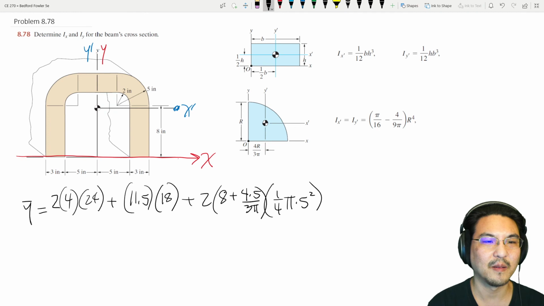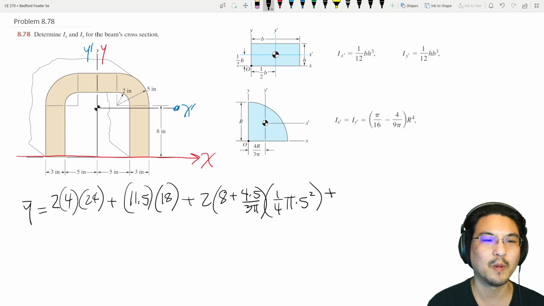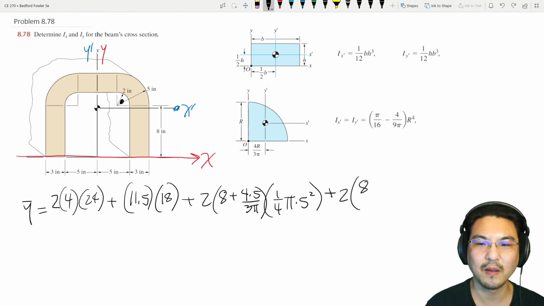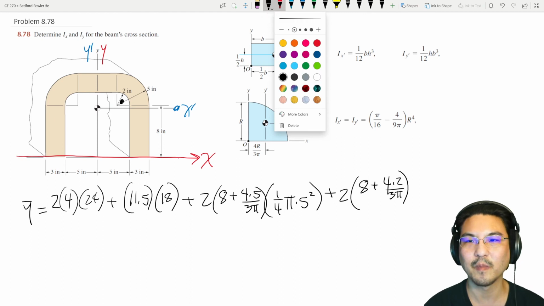Okay, and then the quarter circle cutout would be negative. I'll just write the area as negative. So plus, there are 2 of them. And where is this? It's 8 plus 4r over 3 pi times the area of the cutout, which that is what's negative, to be precise about it.